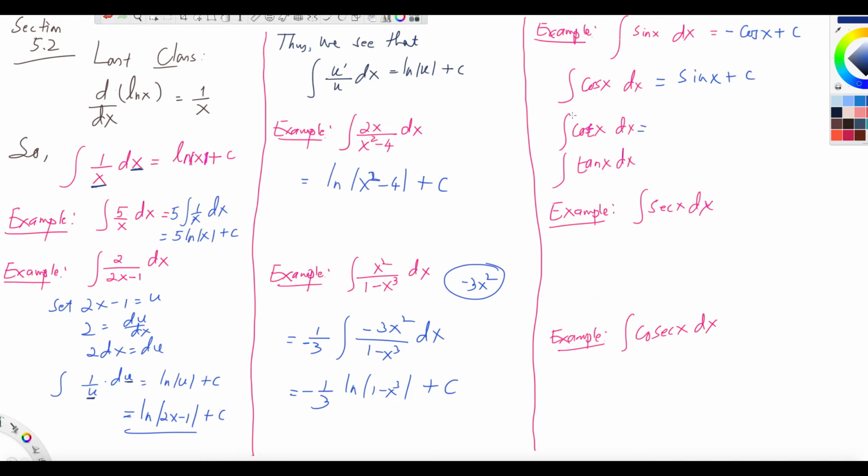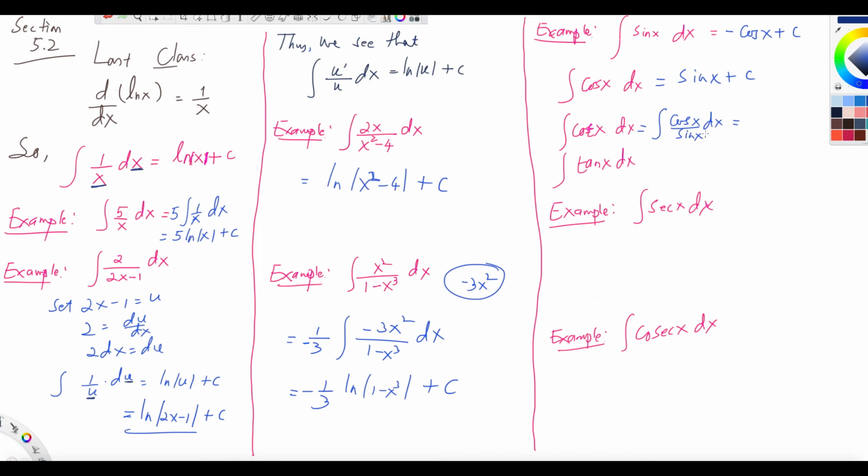Now look at this. What is the integral of cotangent x? Do you know the function whose derivative is cotangent x? I don't know. So what I'm going to do is write this in terms of sine and cosine. Cotangent is the ratio of cosine of x over sine of x dx. Now, can you use that log idea?